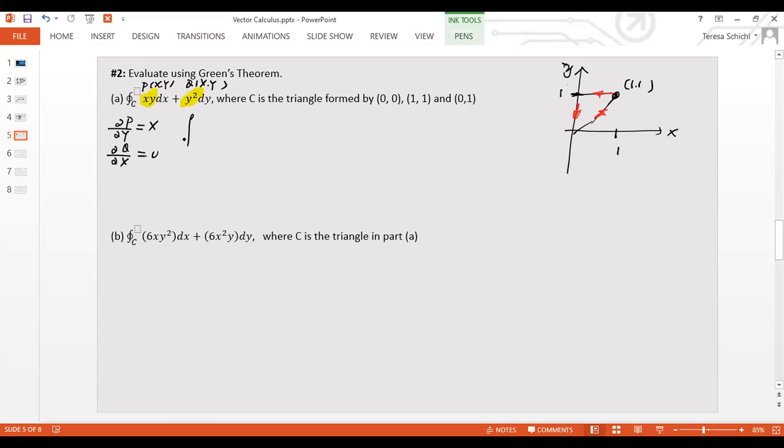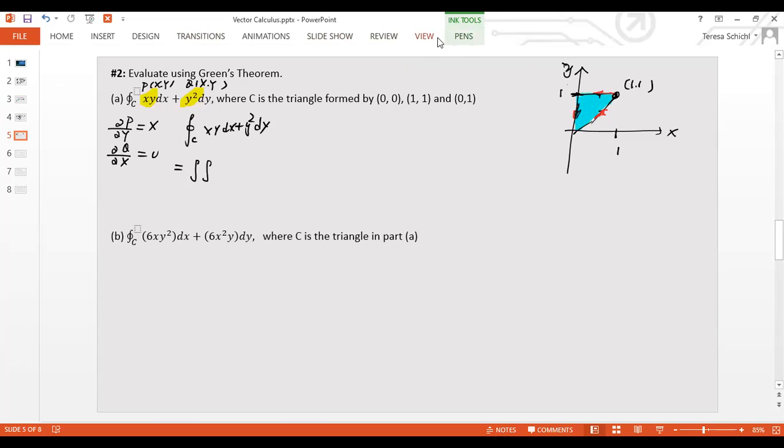The integral over C of xy dx plus y squared dy, by Green's theorem, I can change to this right triangle.